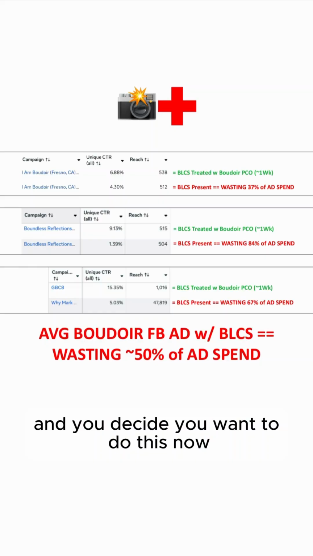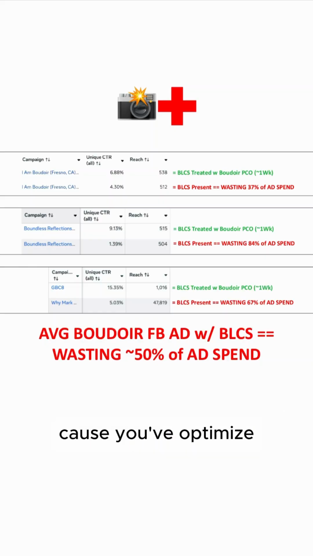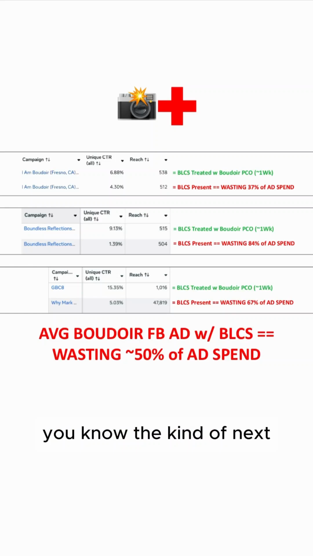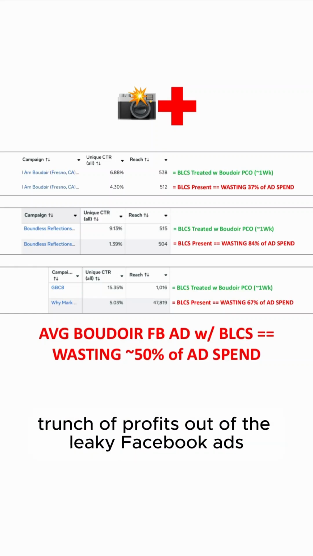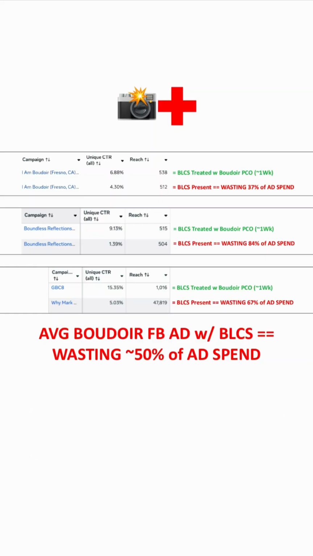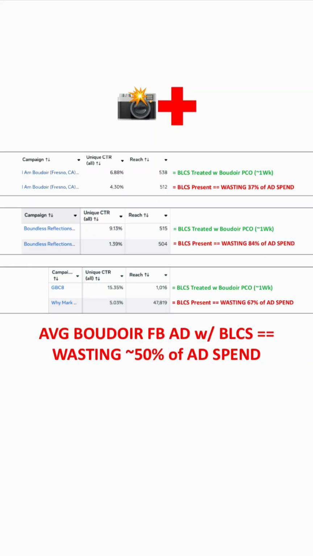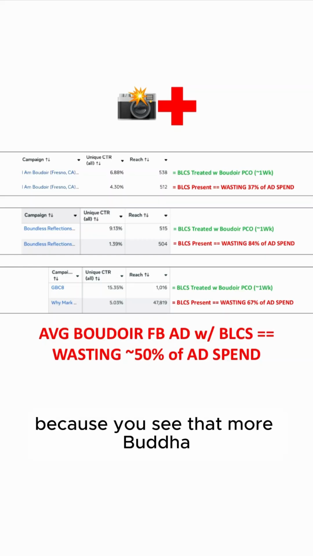And you decide you want to do this now because you've optimized other parts of your business and you're ready to pull the next tranche of profits out of the leaky Facebook ads that we're paying like half to Zuck every month, being wasted for no reason. Because you see that more boudoir photographers are entering the market every day.